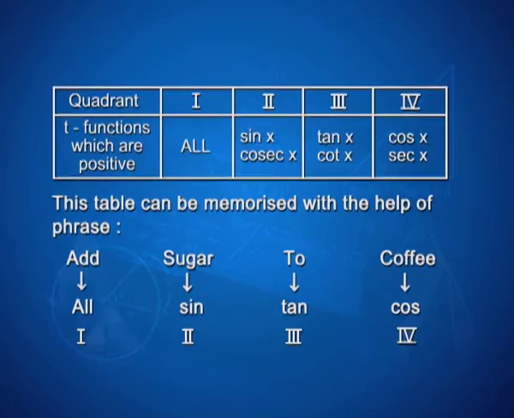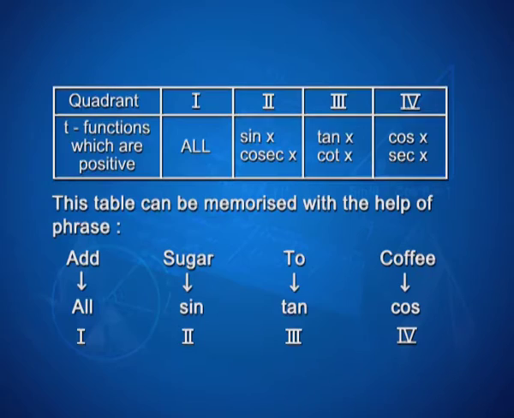This table can be memorized with the help of a beautiful phrase: Add sugar to coffee. Here, the first letter of the word Add stands for All. All means all the trigonometric functions sin, cos, tan, cosec, sec and cot are positive in the first quadrant.